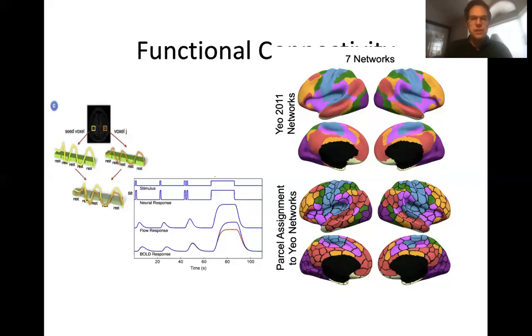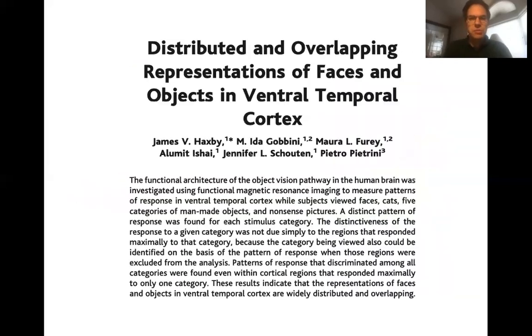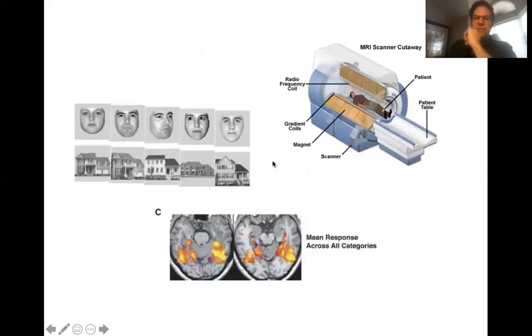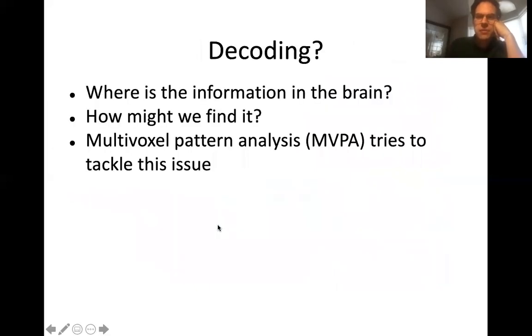So instead of this normal fMRI task, rest type paradigm, where you have someone in the MRI scanner, you're showing them some houses, you're showing them some faces, and then you're looking at where there is brain activity. In this one, we're asking a different question.